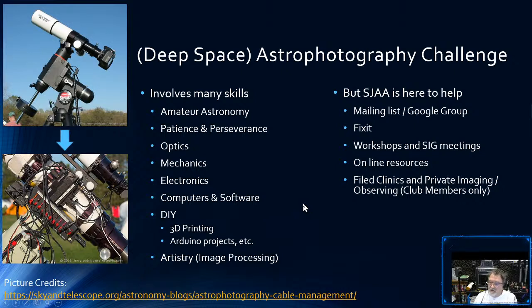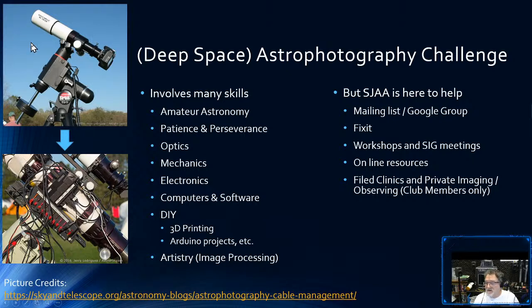So to go a little bit more into the challenge of deep space astrophotography, up here on the left, we have the minimalist approach: put a camera on a telescope and call it good. And don't get me wrong, you can start that way, and there are people that get very excellent images with not much more equipment than just that.